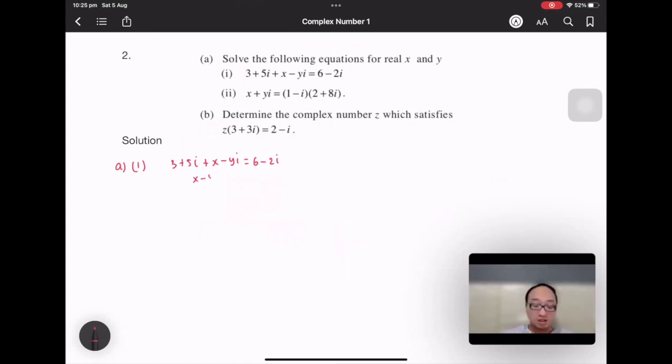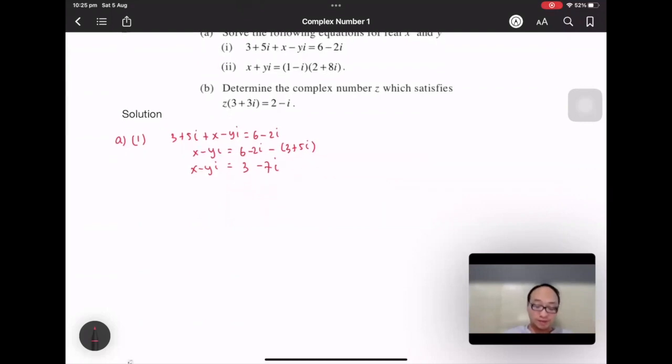So x minus yi equals 6 minus 2i minus (3 plus 5i). So x minus iy equals 6 minus 3 is 3, and negative 7i. So that means x will be 3 and y will be 7.